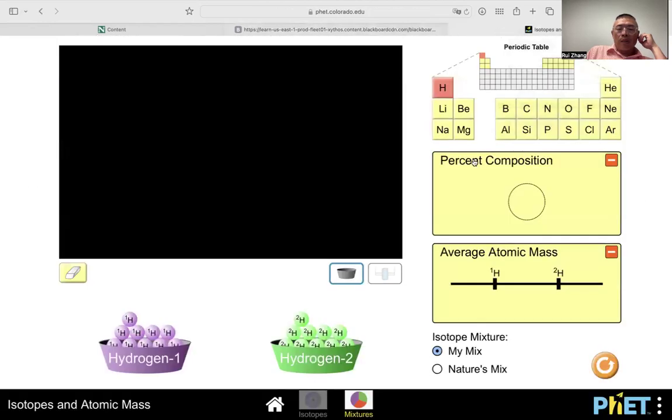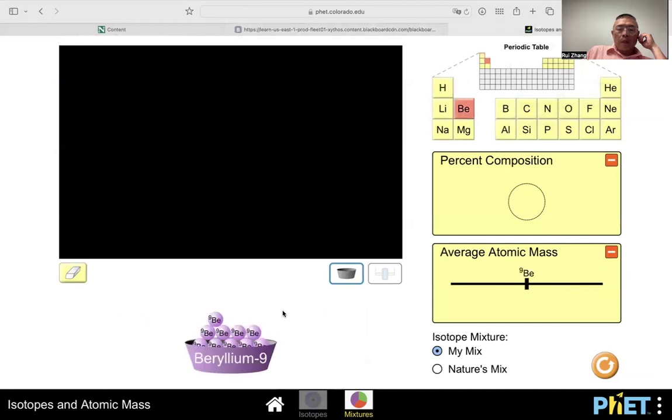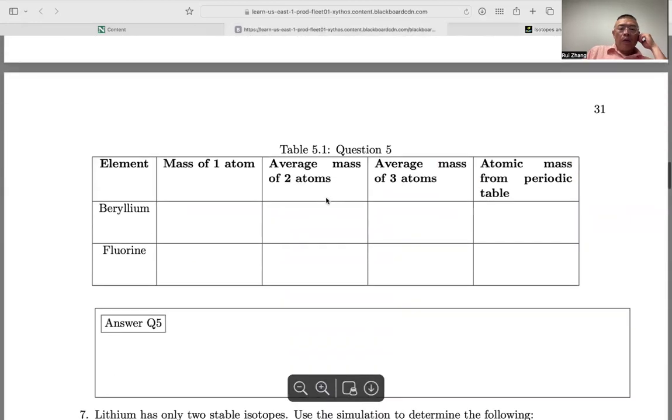So if you click on this, that's the first one, and there's only one kind of isotope, so there's only one pool of it. You bring one of them here, it tells you the AMU of that isotope. Similarly, if you talk about fluorine, there's only one kind. So you bring one of them there, and you have this number showing up.